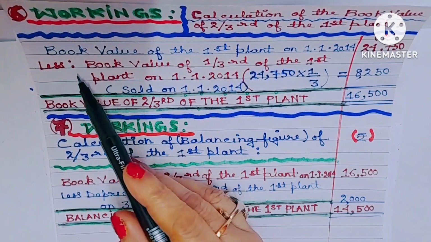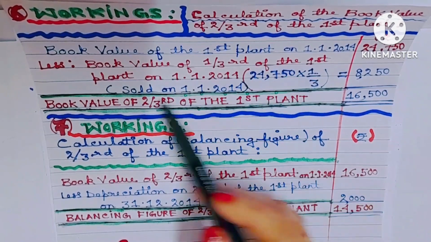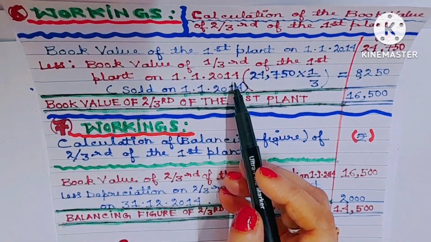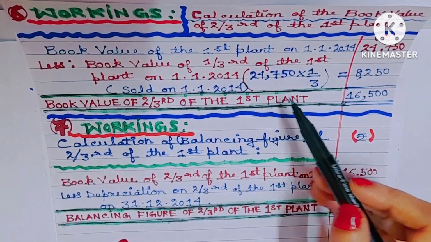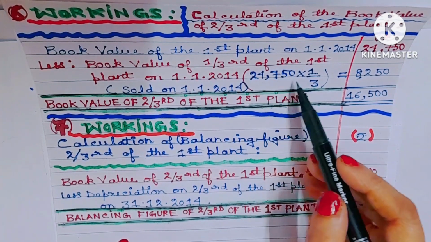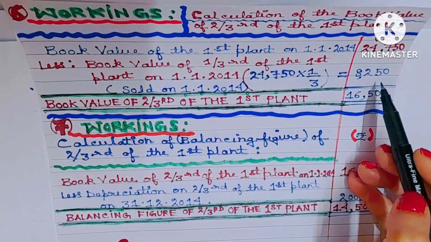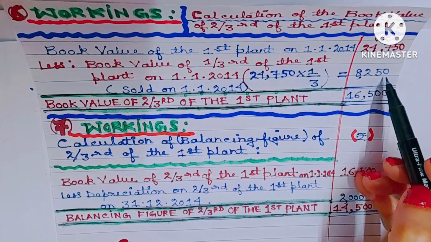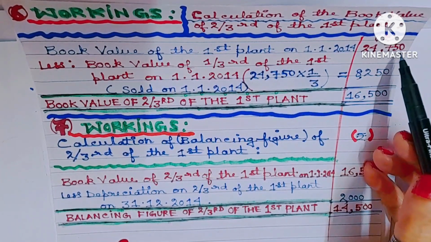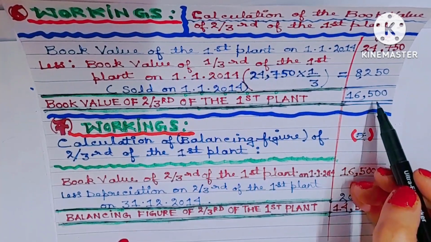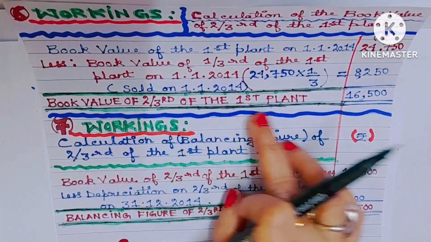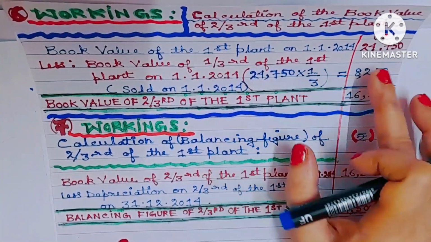Less book value of 1/3 of the first plant on 1st January 2014. 24,750 into 1/3 is equal to 8,250. So if you deduct 8,250 from 24,750, you'll get 16,500. This is the book value of 2/3 of the first plant and not 24,750.